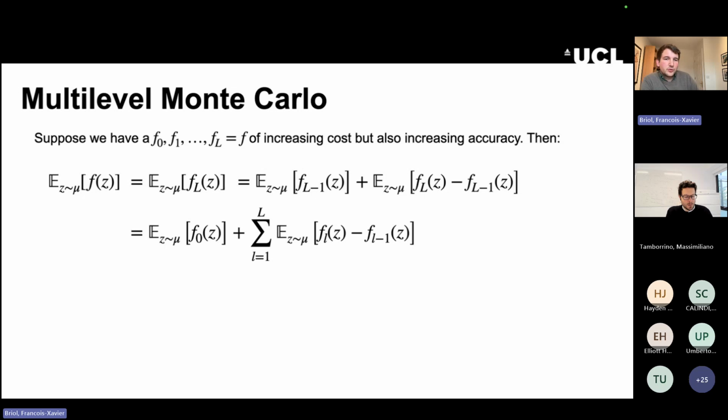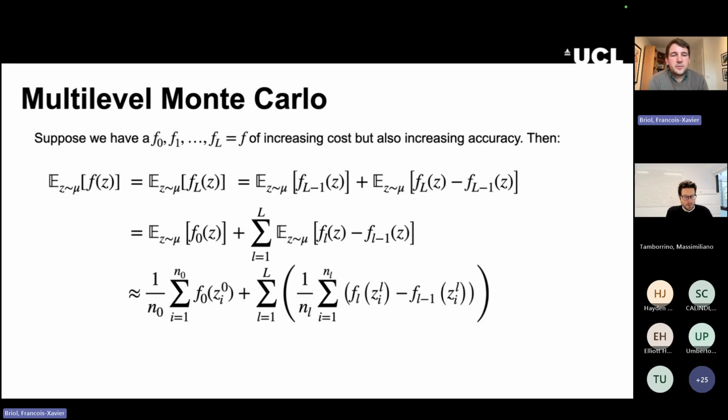And the idea with multi-level Monte Carlo is to then go and do a Monte Carlo estimator of each of these L+1 expectations. Now, the first time you see multi-level Monte Carlo, you might think I'm a little bit crazy. I start with one expectation that I would like to approximate, and instead, I'm making my life harder by turning it into L+1 expectations that I'm each trying to approximate.